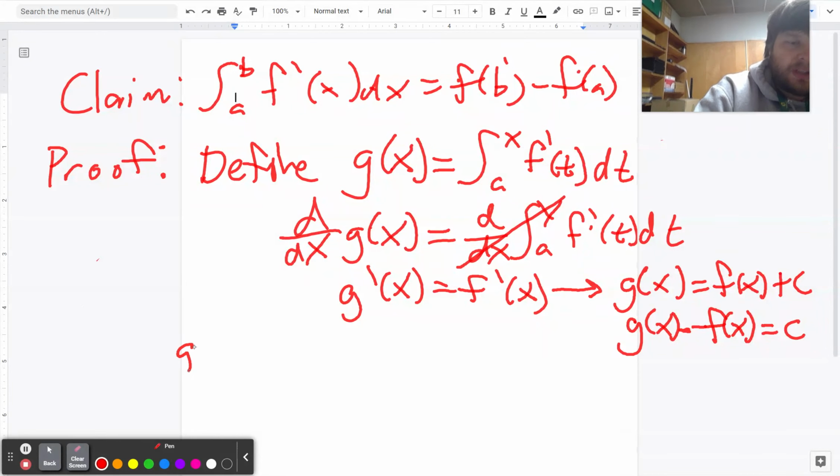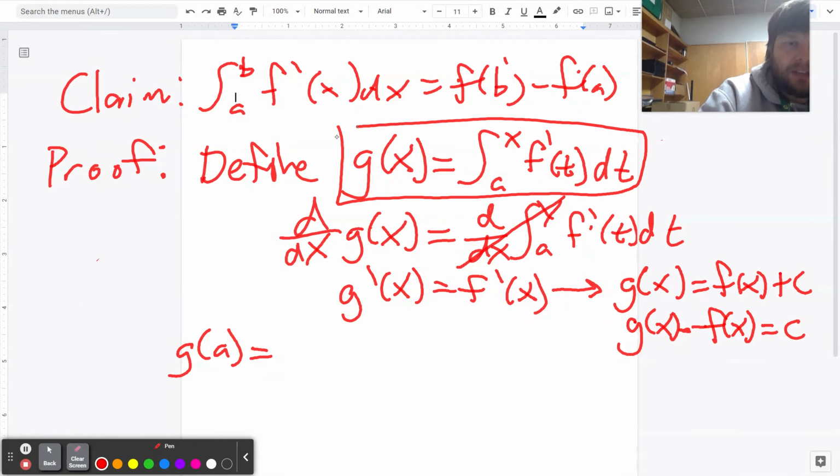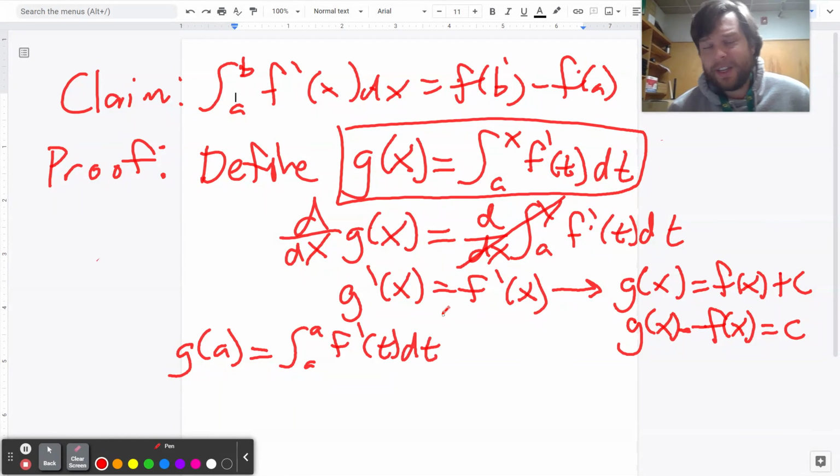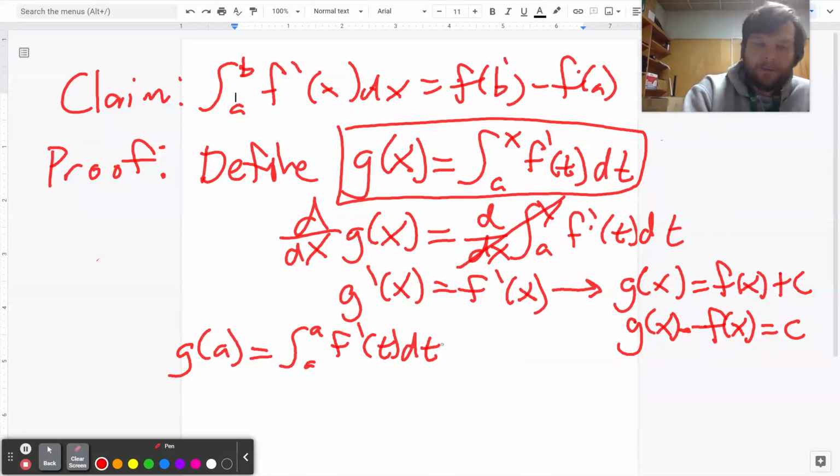Now by definition, g of a is the integral from a to a of f prime of t dt. Well, how much area is under a rectangle that has 0 width? It's got to be 0.